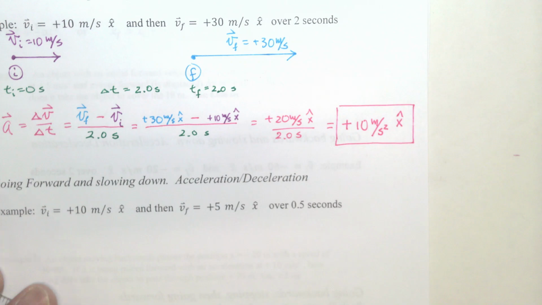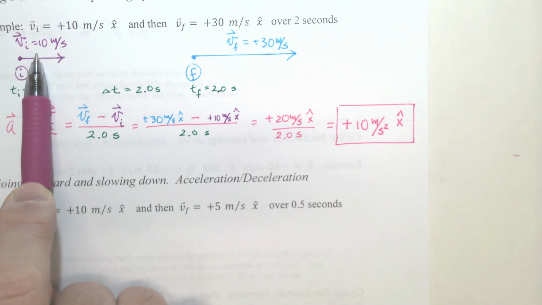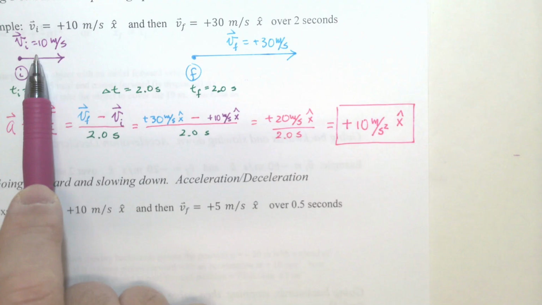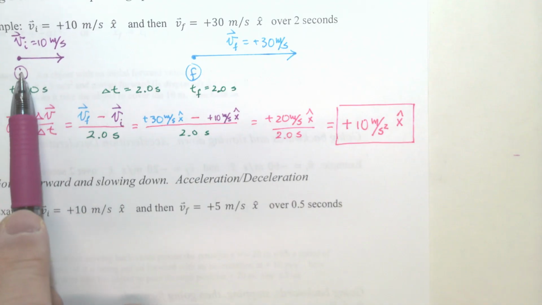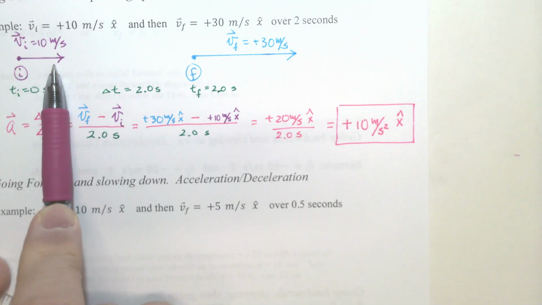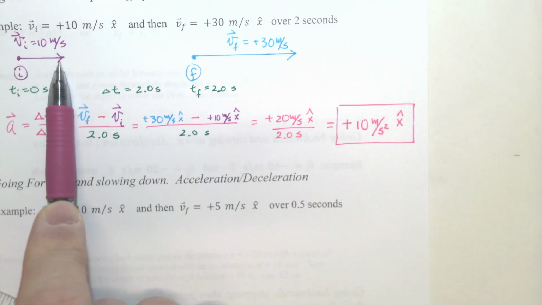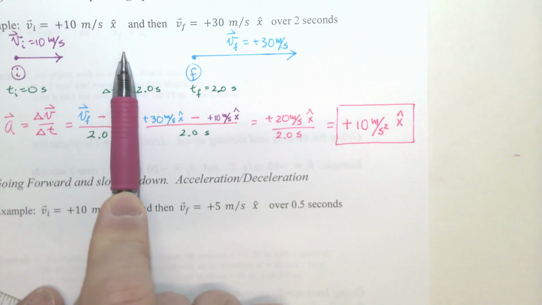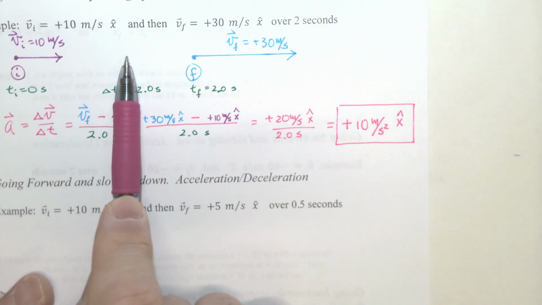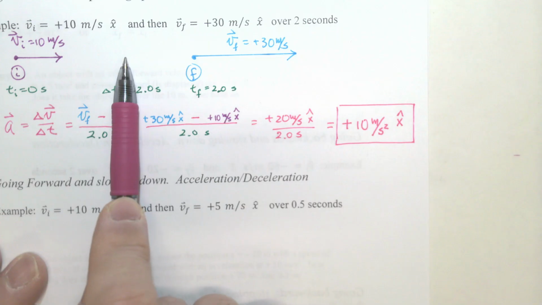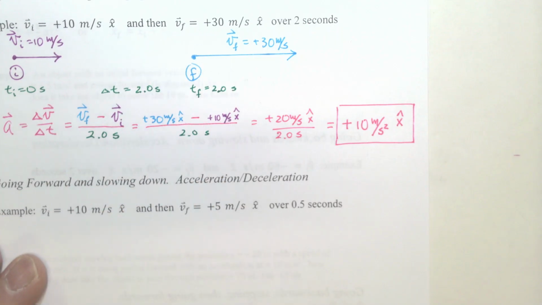Okay? So if you started from 10 meters per second initially and speed up 10 meters per second in the positive direction every second, then 1 second later, you'll be traveling 20 meters per second. 2 seconds later, you'll be going 10 meters per second more, so you'll be going 30 meters per second, etc. Okay? Hopefully that's the simplest example we could think of.